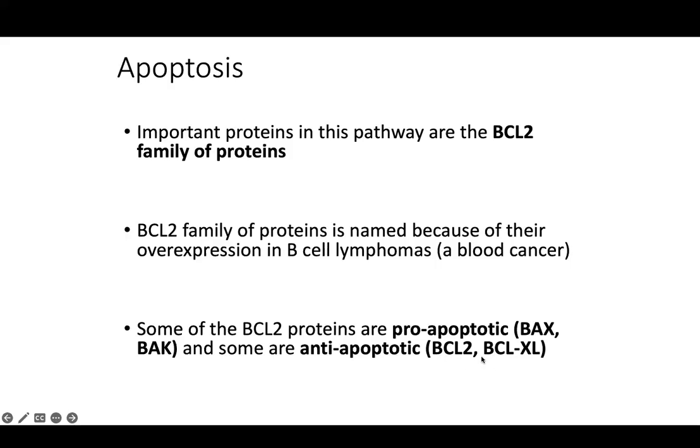And then one of the proteins is something called BCL-XL. These two are anti-apoptotic. BAX and BAK are pro-apoptotic. So under normal circumstances, our cells are going to be expressing these anti-apoptotic ones, the ones that are not going to cause any cellular death. In times of injury, they're going to start expressing this BAX and BAK.